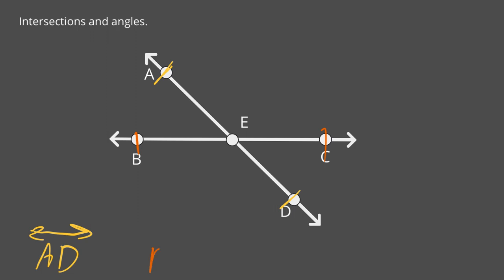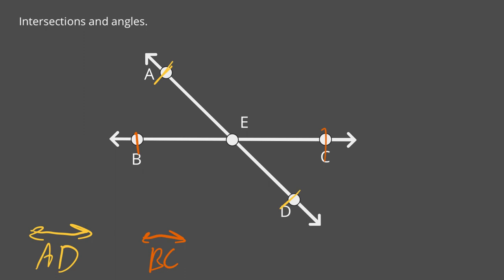We'll write this over here, line BC. Now we don't have a fancy way to draw that they are intersecting each other, but we can say that line AD and BC intersect each other at point E. And that's important because now we can start talking about the angles that they create.